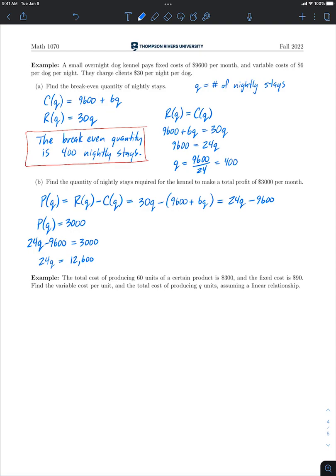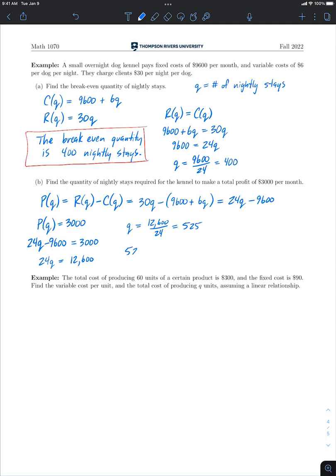Okay, and then if I solve this for Q, Q is going to be equal to 12,600 divided by 24, and I'm going to get 525. So that tells you that 525 nightly stays, that's how many dog visits the kennel is going to need to host to generate $3,000 of profit.